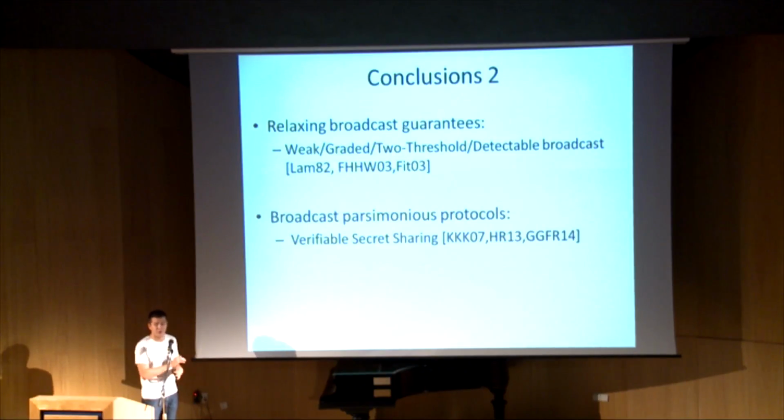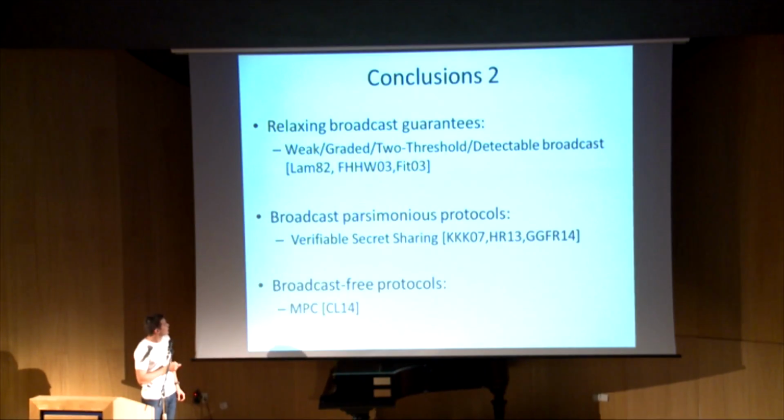I know that broadcast is very expensive anyway, so I'm going to use broadcast as few times as possible. For example, you can do verifiable secret sharing using broadcast as few times as possible. And finally, you can just say, okay, I give up, I take my multi-party computation protocol and I just analyze what happens if I get rid of broadcast. Can I get some fairness, can I get something? You can also do this.